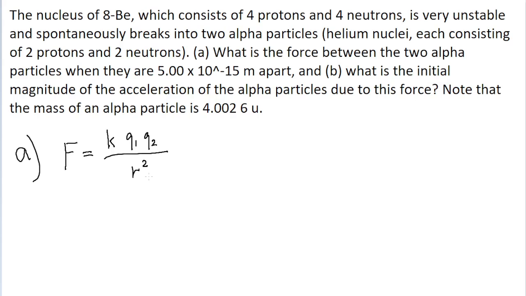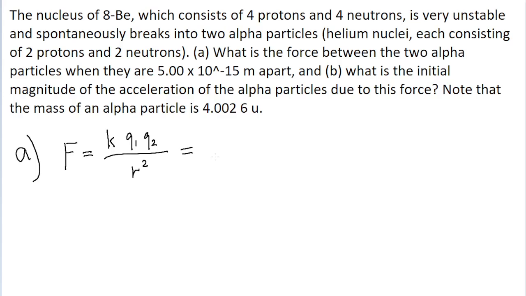In our case, the distance between the two alpha particles has been given, and the problem statement also tells us some information about the magnitude of those charges. We're told that each of these alpha particles contains 2 protons, and 1 proton carries an electric charge equivalent to the elementary charge.